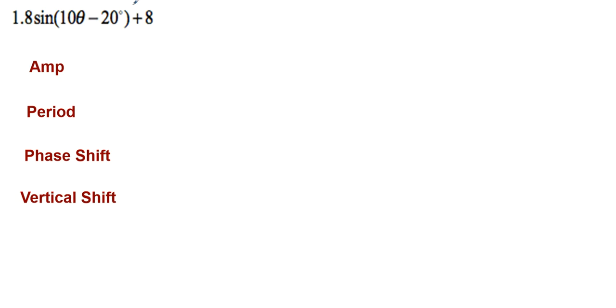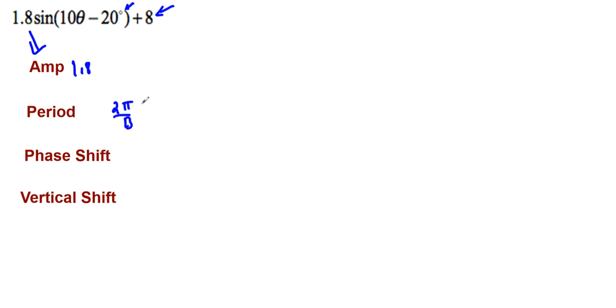So this one is in degrees. Big clue there. So remember, our amplitude, straightforward, 1.8. That means it's 1.8 above our equilibrium and 1.8 below our equilibrium. Our equilibrium is going to be shifted a bit. So our period is normally 2 pi over B, right?